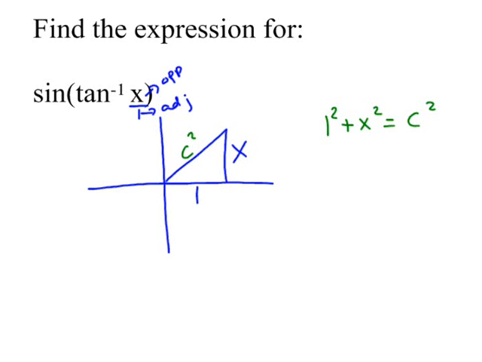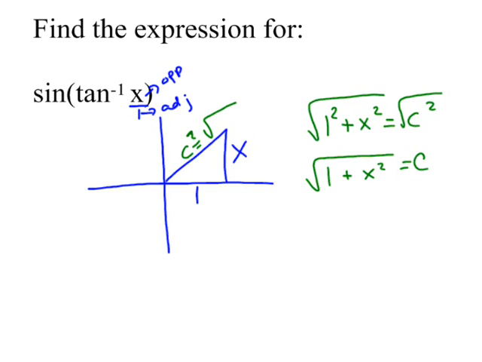And therefore, c ends up being the square root of 1 plus x squared. And if that is now theta, because that's how we drew the triangle to be, then we know that sine of theta is going to be opposite, which is x, over hypotenuse, which is the square root of 1 plus x squared.